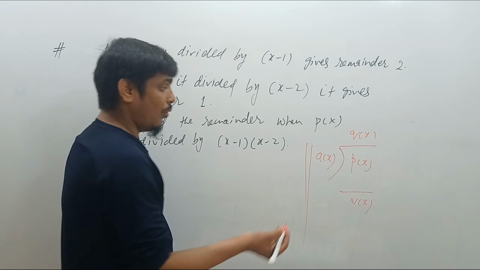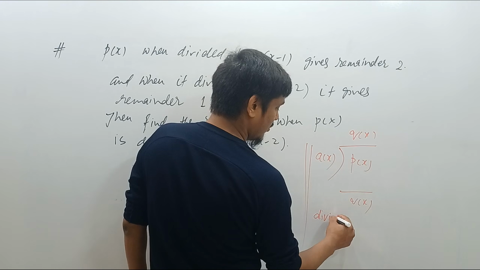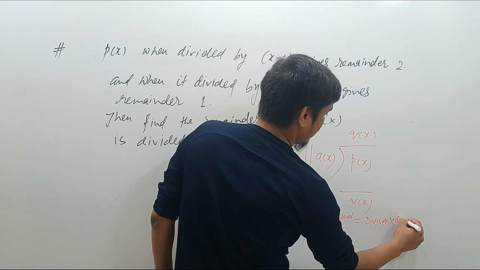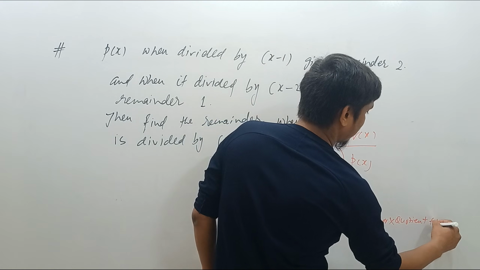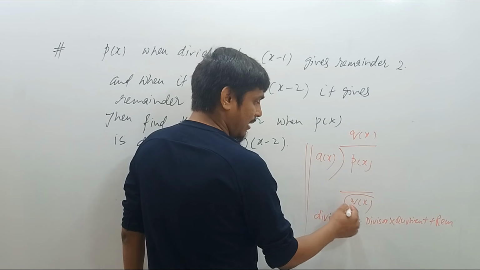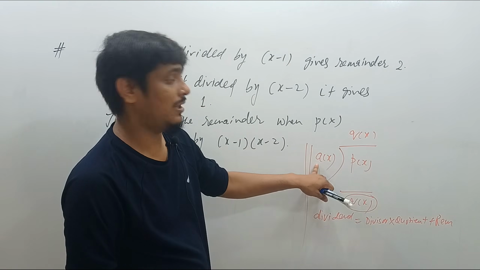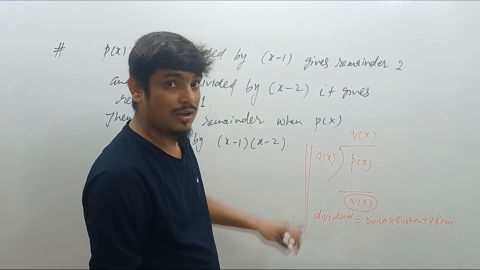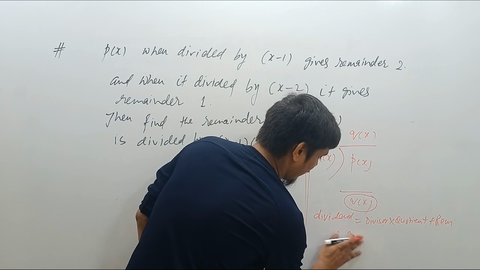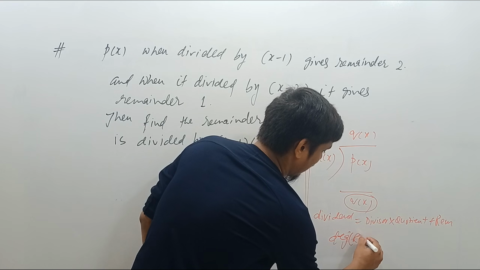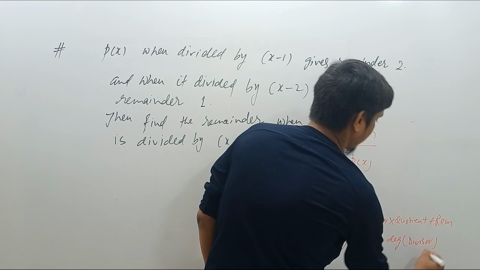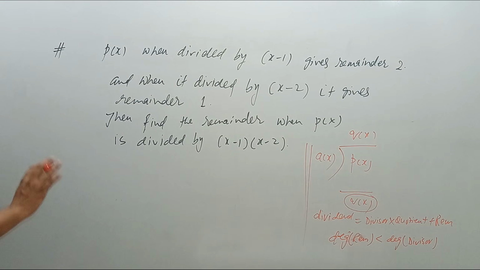So the dividend is equal to divisor times quotient plus remainder, and one more thing: the degree of the remainder should be less than the degree of the divisor. We'll use this concept in solving this kind of question.